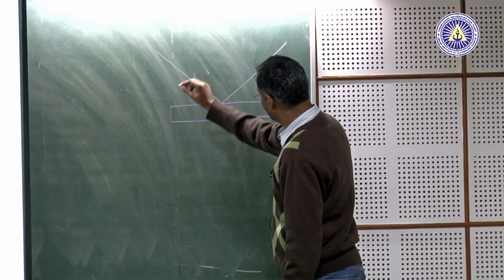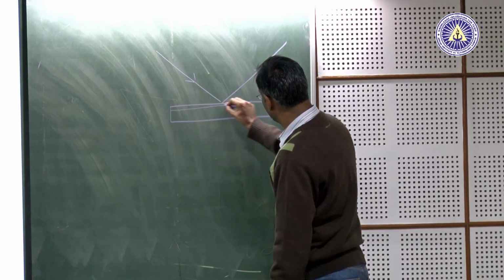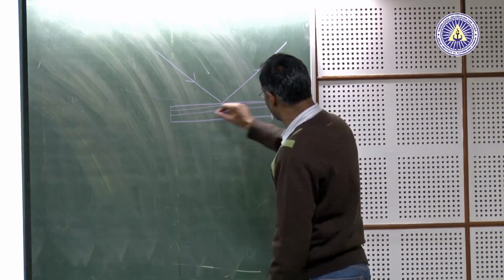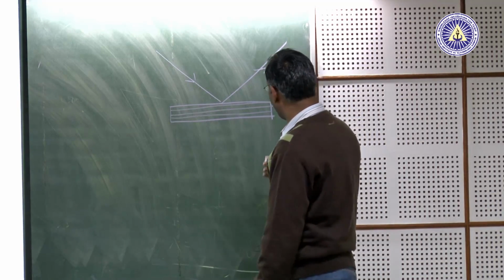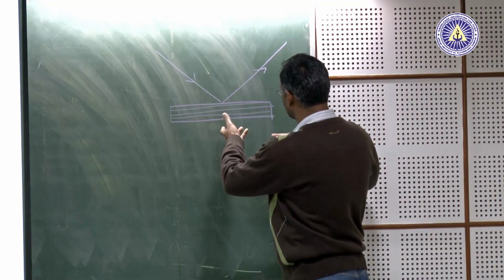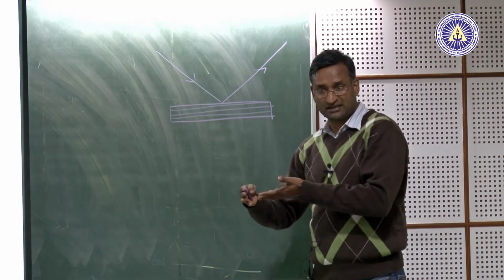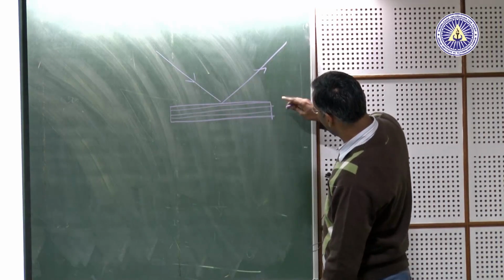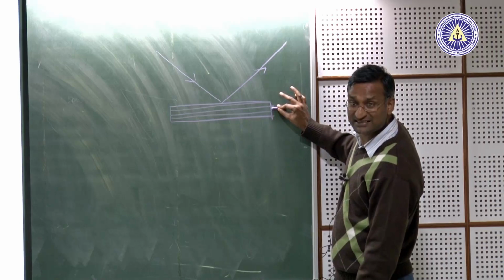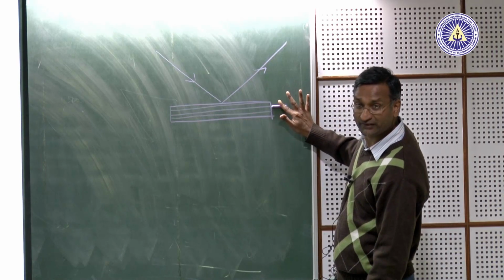For this to happen, your planes have to be parallel to the surface of the sample. Now, if you want to diffract from planes which are at some other angle, you can rotate the sample around this axis and rotate it like this.